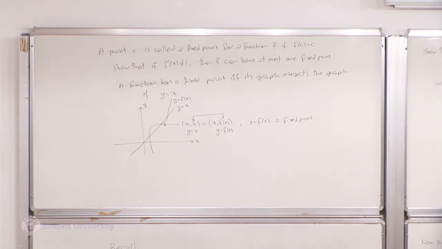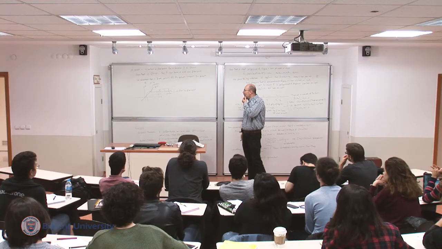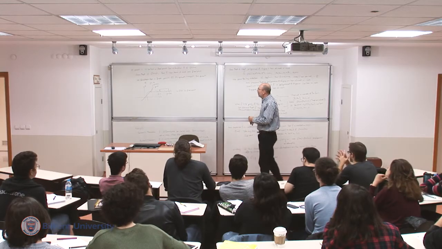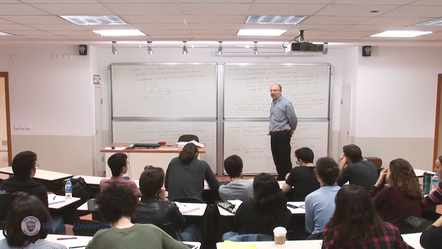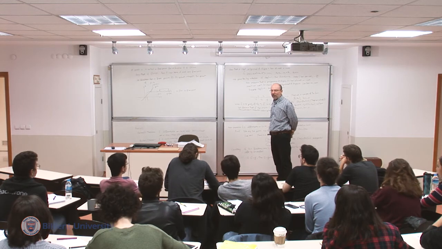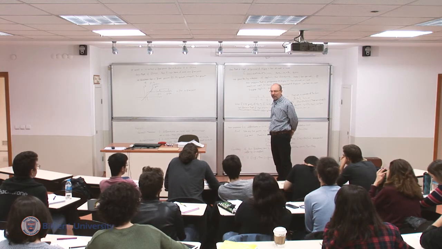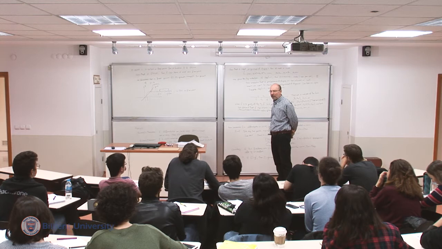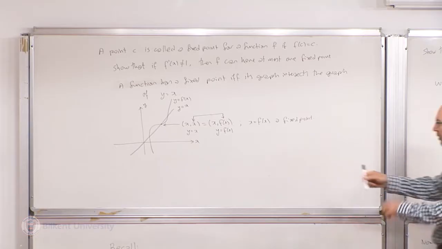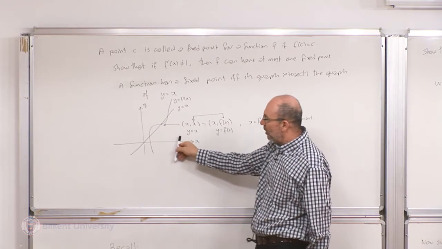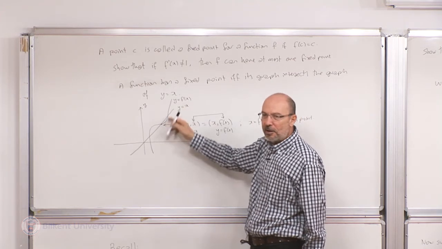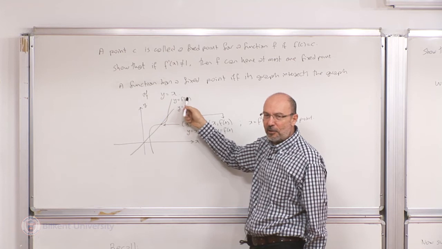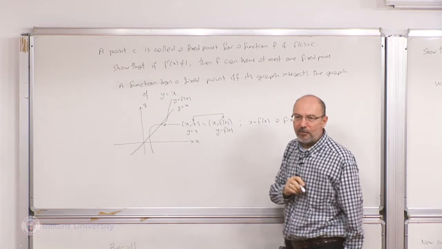The easiest examples we had were linear functions. If the derivative is different from 1, the easiest linear function is f of x equals 5x plus something. It's a straight line, and the slope is larger. Wherever you place it, it's going to intersect this line, and at that point it will have a fixed point.